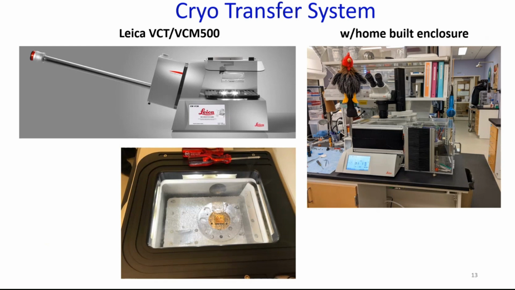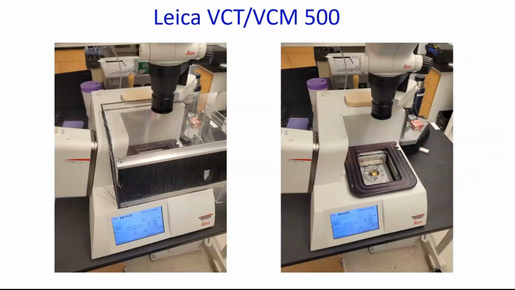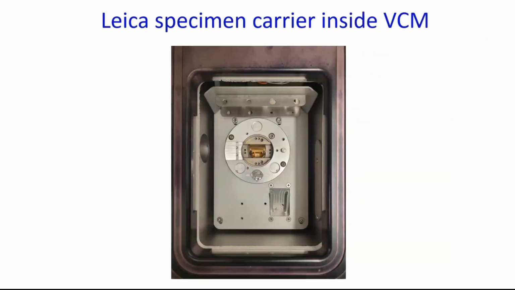But then if you take that off and you're looking down inside it, this is where your sample is loaded in liquid nitrogen. And then we have a specimen carrier here, and this is where your grid would need to be transferred to. Again, this is just another look at what it looks like on the left with the environmental chamber, on the right without. And here is head on.